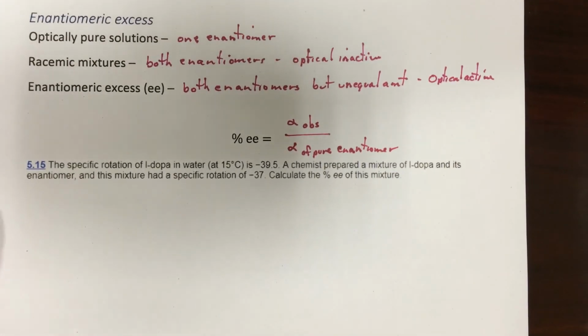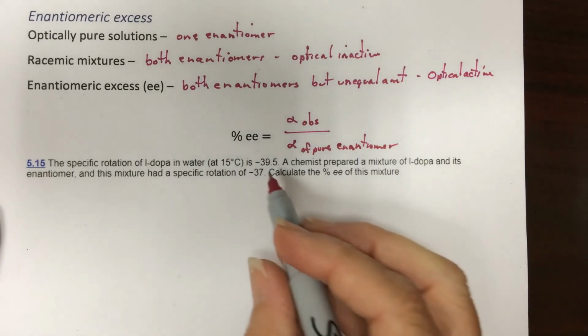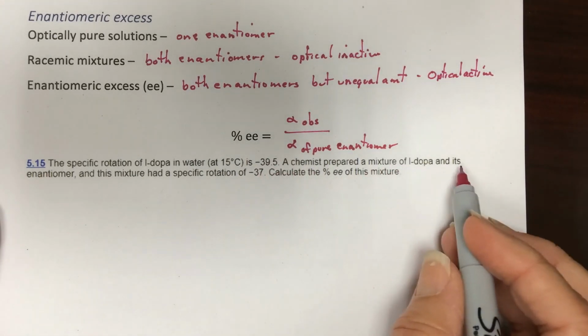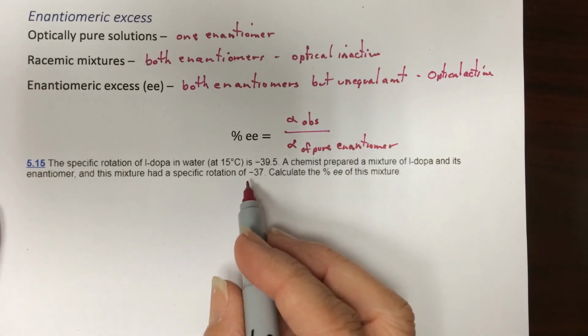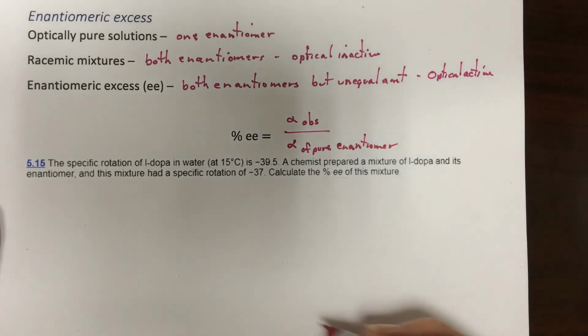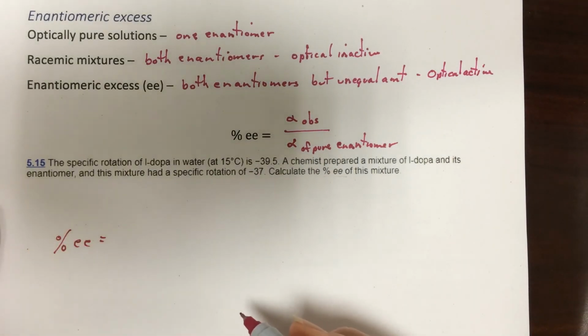So if we have a problem like this, we have the specific rotation of L-DOPA in water is minus 39.5. A chemist prepares a mixture with its enantiomer, and the mixture has a rotation of minus 37. Calculate the percent EE of that. So percent enantiomeric excess.